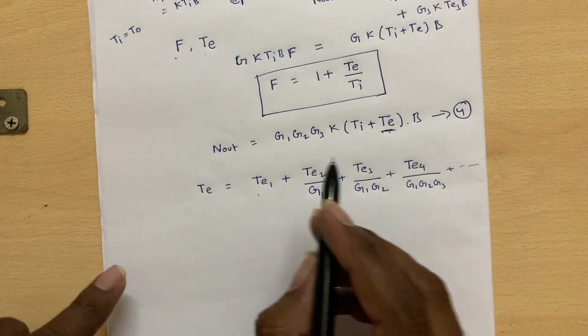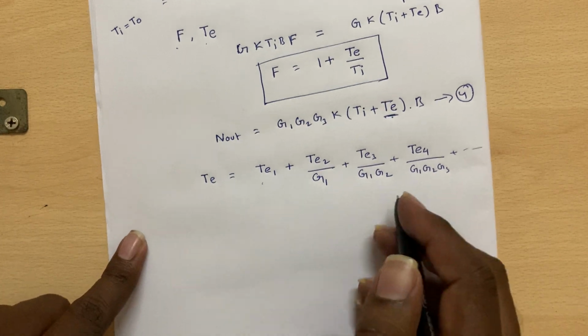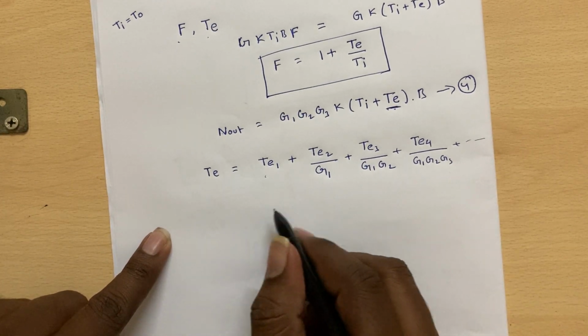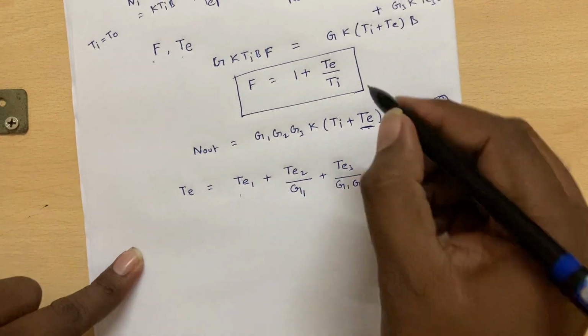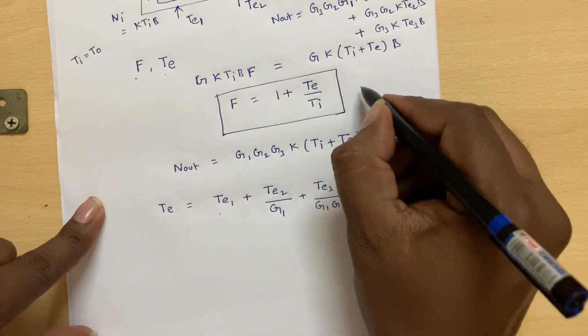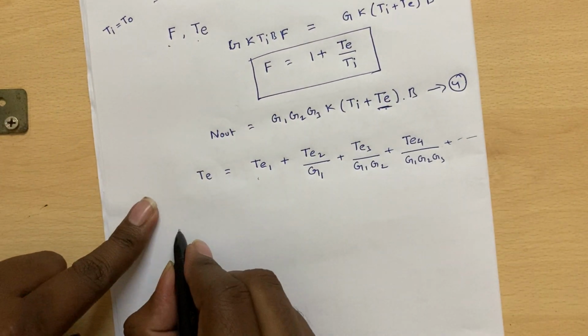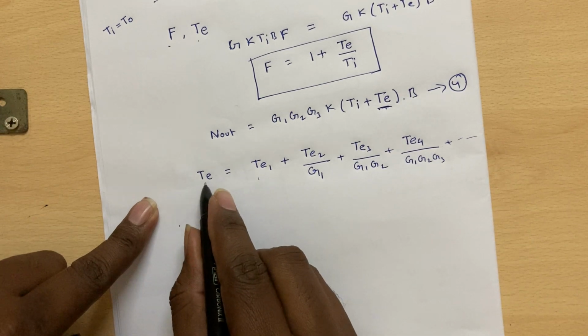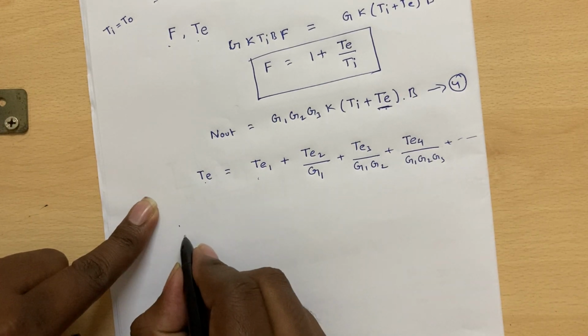Similarly, you can also find the equivalent noise factor relationship between the individual noise factors, because we know F is equal to 1 plus T by Ti. So you divide this by Ti and add 1 to it.